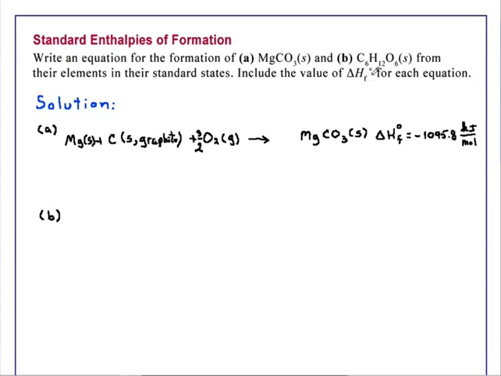Doing the same thing for part B, on the right side we have C6H12O6 solid, and this contains the element oxygen, so we will write O2 gaseous.